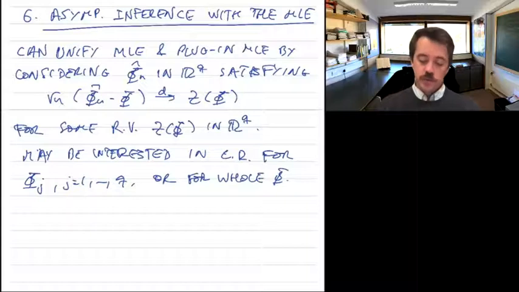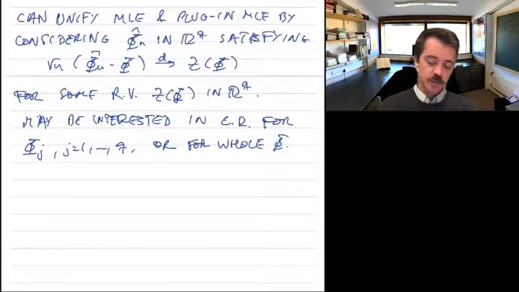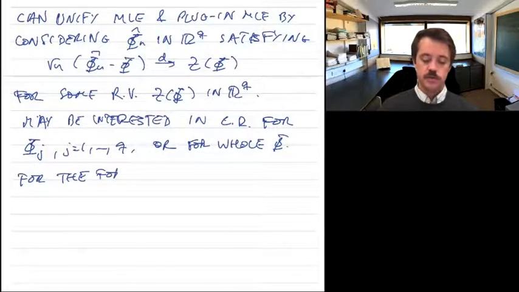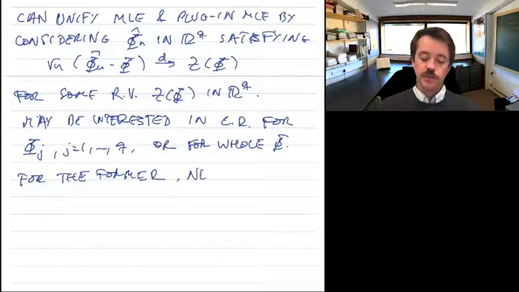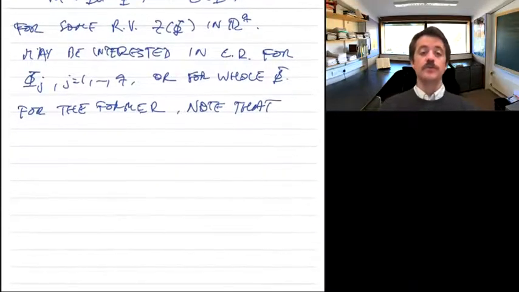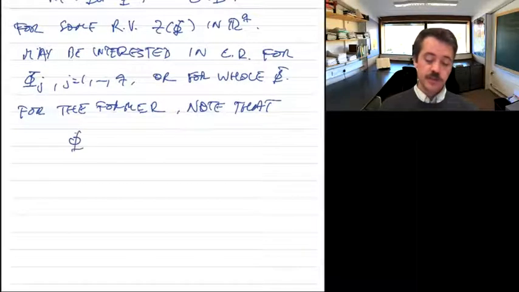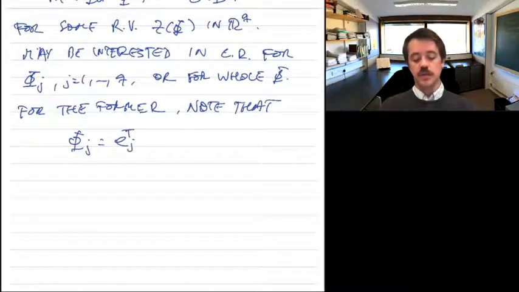Okay. So let's start with the first one, with coordinates. So for the former, what can we say? We're going to first of all note the following, that we can write it simply as the product of the unit vector with the jth component being 1 and the rest being 0.